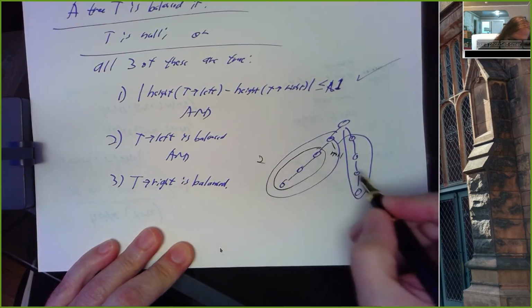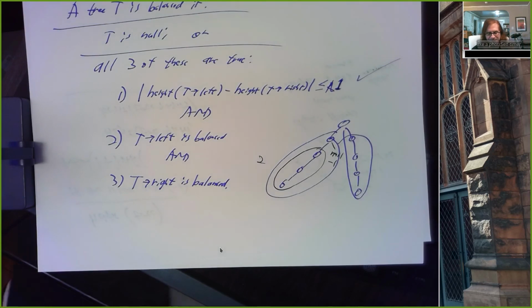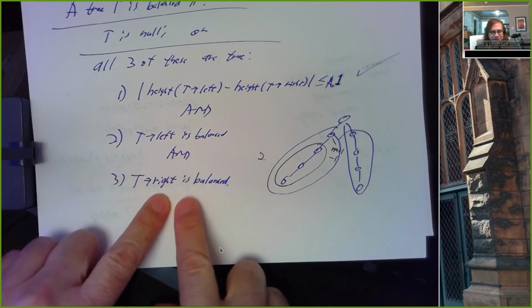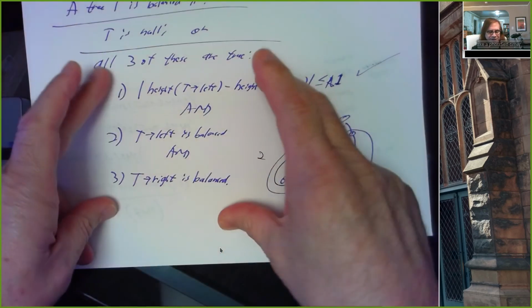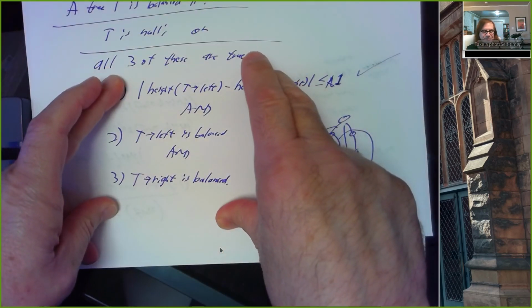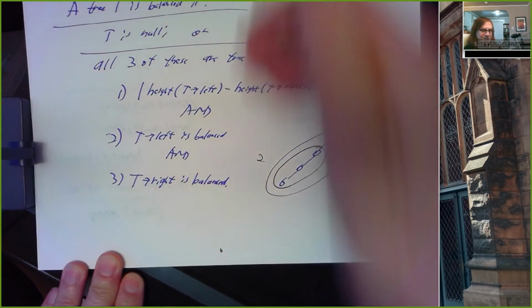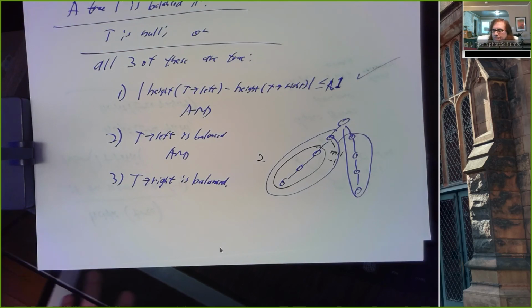This has a height of 2, this has a height of -1. Those heights differ by 3. It's not balanced. So this call will come back false, this call will come back false, this conjunction of 3 statements will come back false, and so my call to balance on this original tree will return false. And it just kind of works.